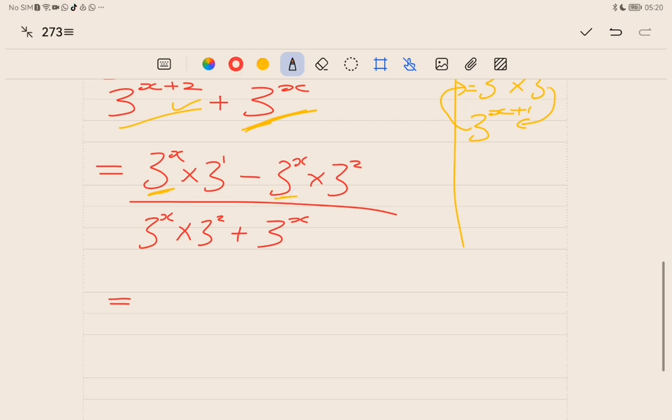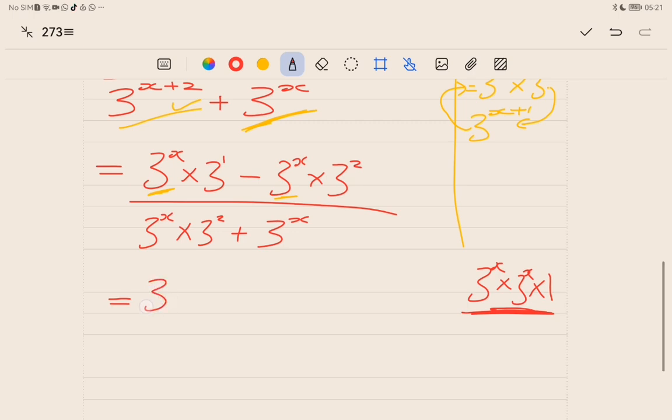And you must note that we take out a common factor from an expression that has 2 or more terms. For example, if we have 3 to the power x times 3 to the power x times 1, you can't say you're taking out the common factor here because we only have a single term. So that's what you need to keep in mind so that you don't make mistakes.